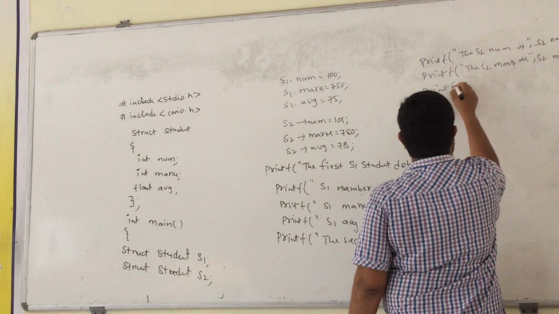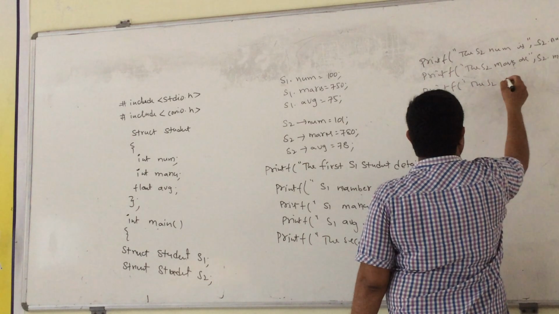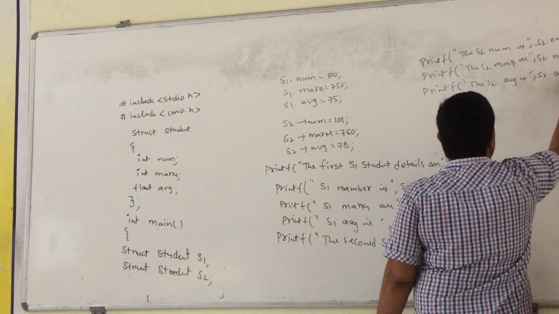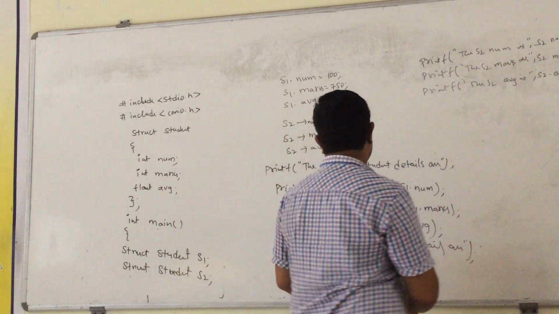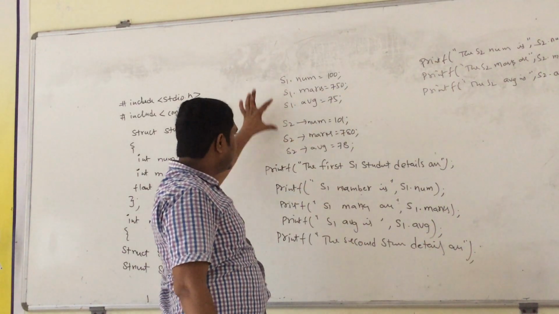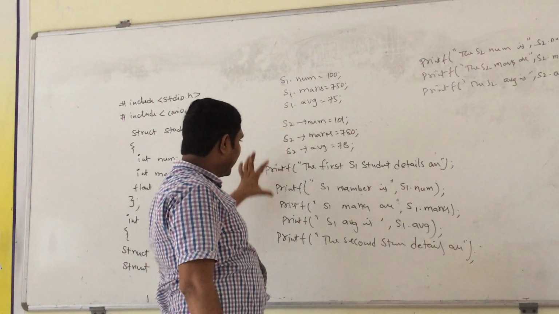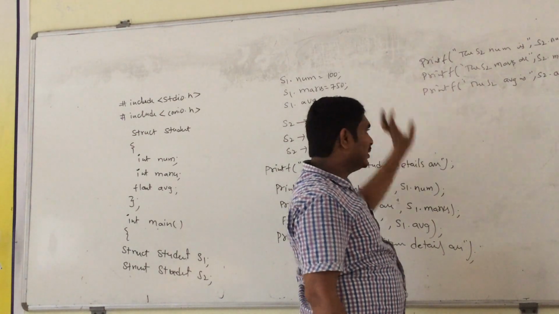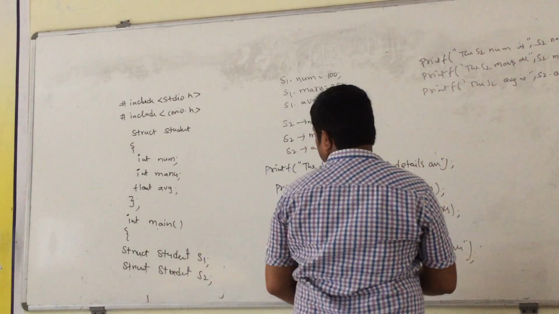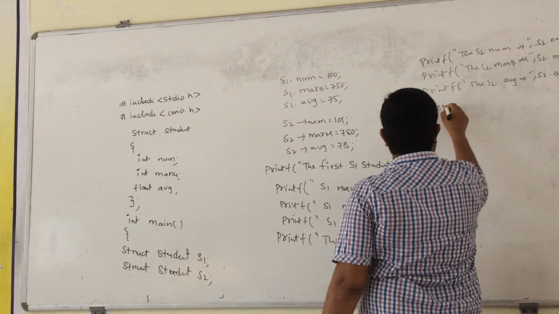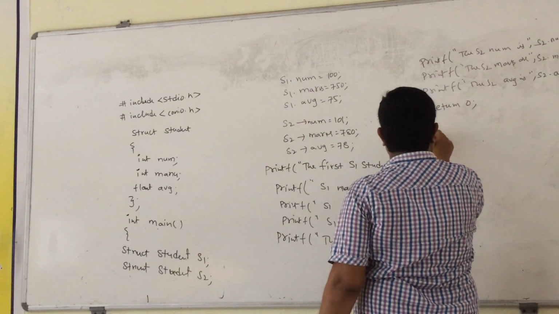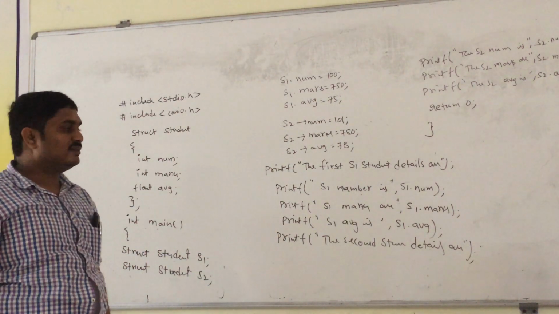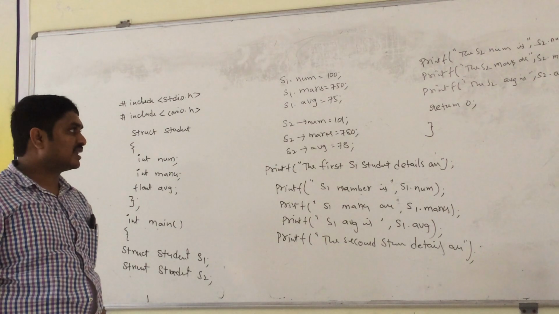Printf the S2 average is, S2 dot avg. So I take the values for the first student and the second student, and I print the values of the first and second students. Then this is the end: return 0 and close main. This is the example program for structures.